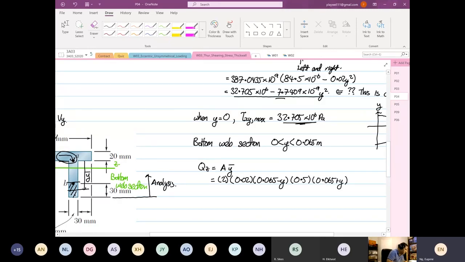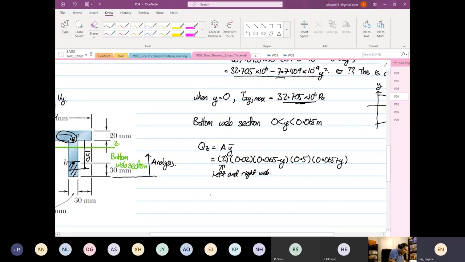We have the expression. This over here is your left and right web. So from here, your Qz expression will be equal to 84.5 times 10 to the power of minus 6 minus 0.02 y squared.